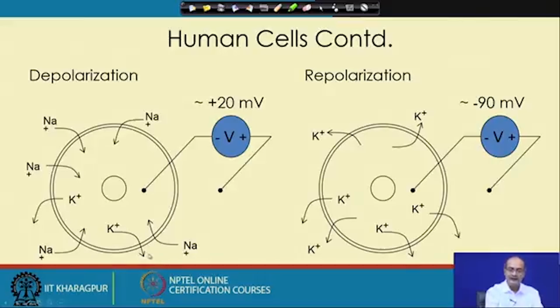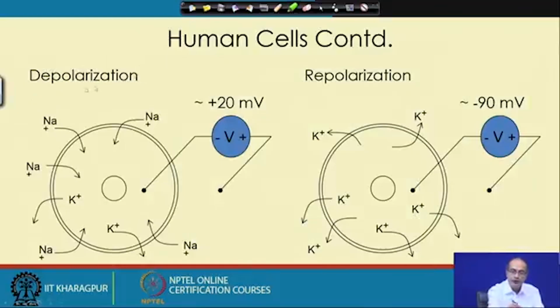Because of that inflow of sodium ions, the potential within the cell keeps on increasing and stops at a level of about plus 20 millivolt with respect to the outside. This process of change in voltage we call depolarization.